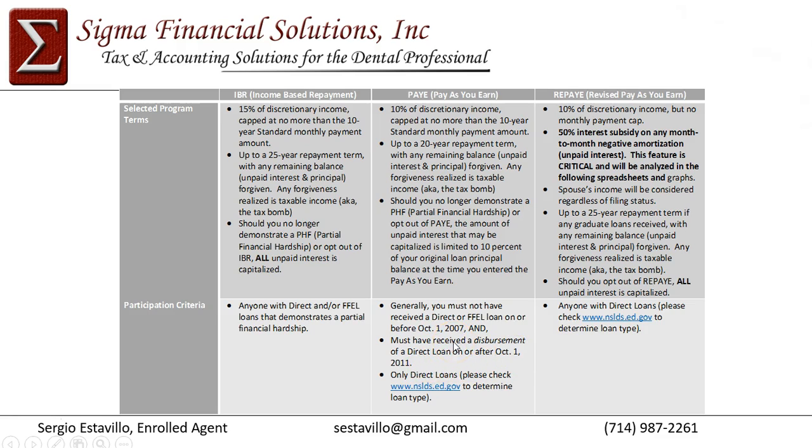So pay-as-you-earn is the most restrictive of the three repayment options, and only direct loans are eligible for pay-as-you-earn. So if you're not sure whether or not you have direct loans, please look at that site.